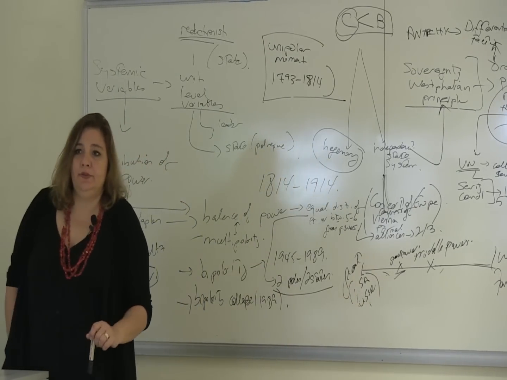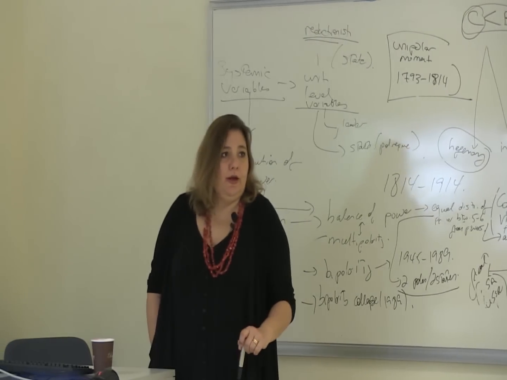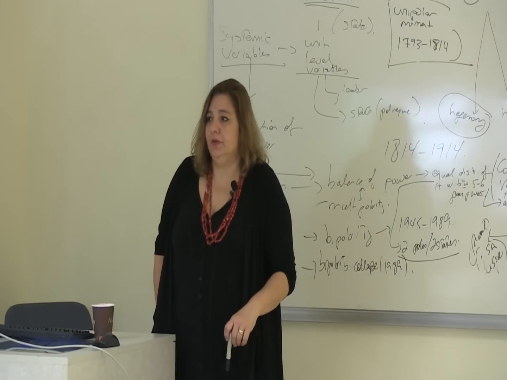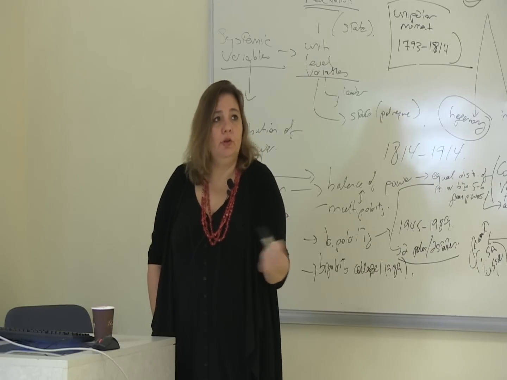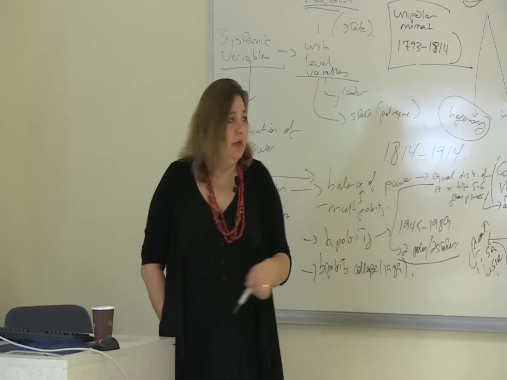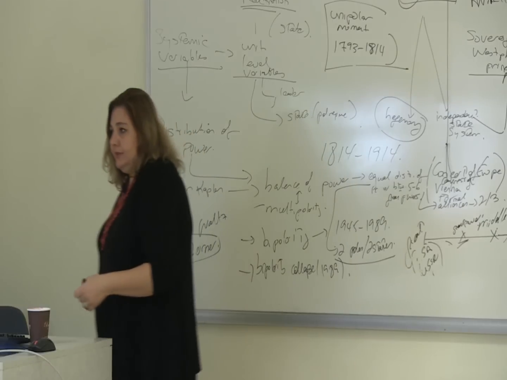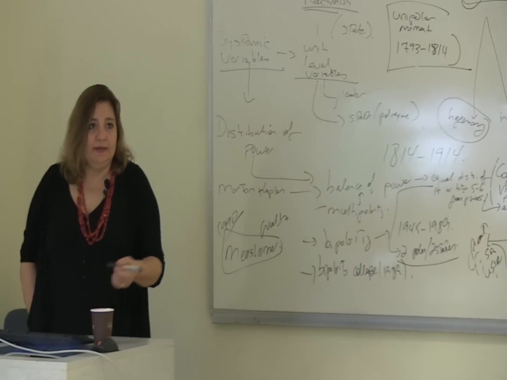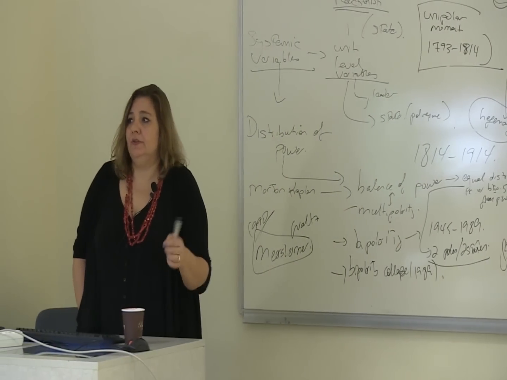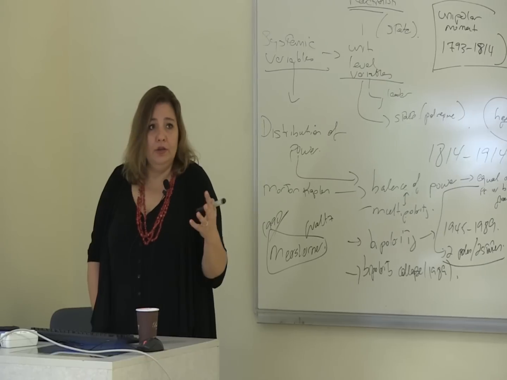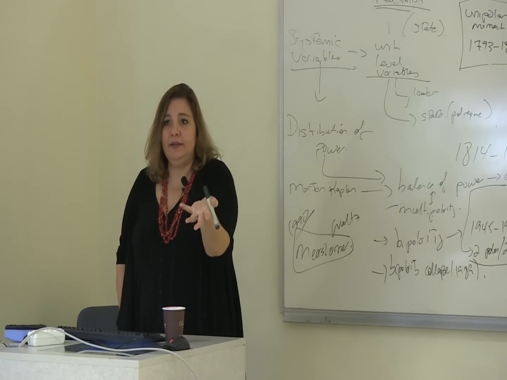What is your independent variable? Distribution of power. What is your dependent variable? World War II, World War I, the Napoleonic Wars, the Concert of Vienna, the Iraqi invasion of Kuwait, the change in Turkish foreign policy in 1989, the Maastricht Treaty of 1992. Okay? All of these are the dependent variables here.